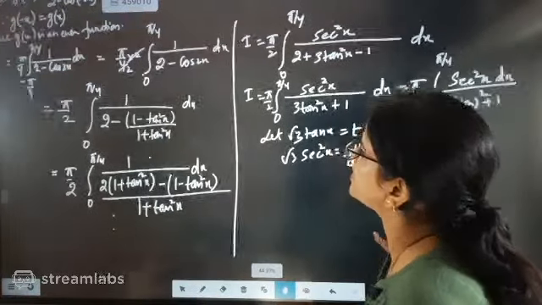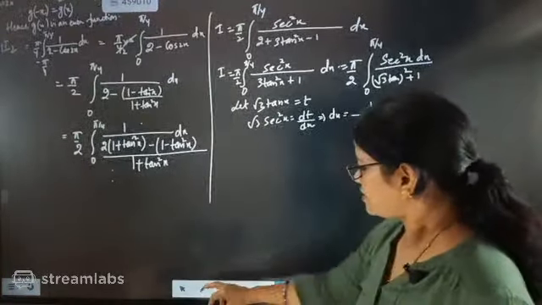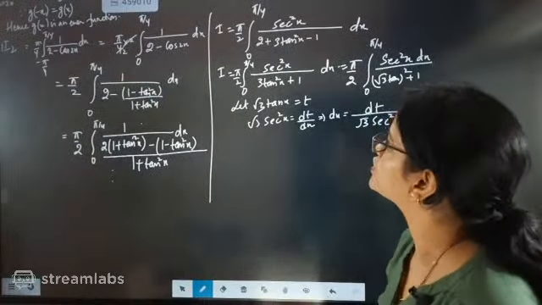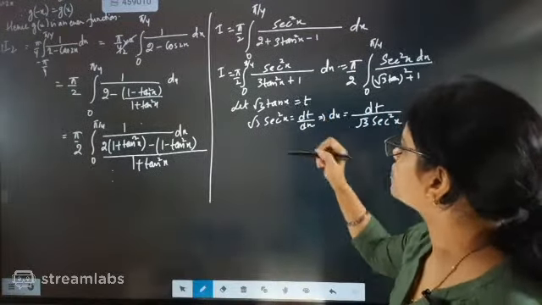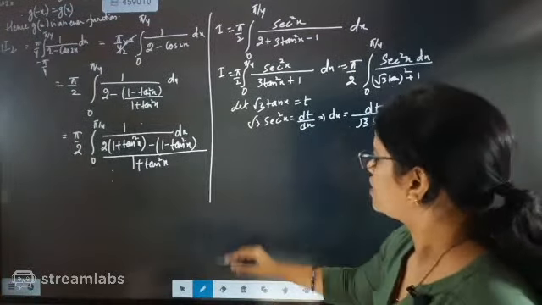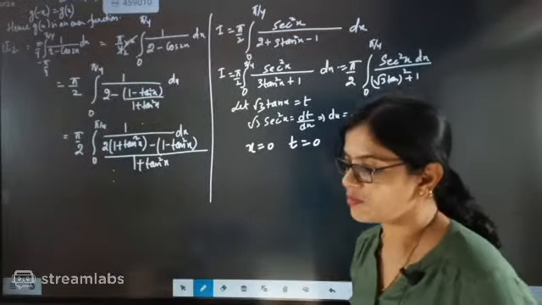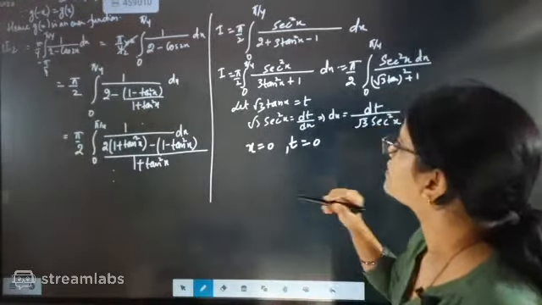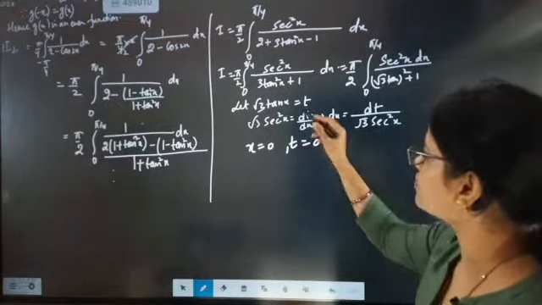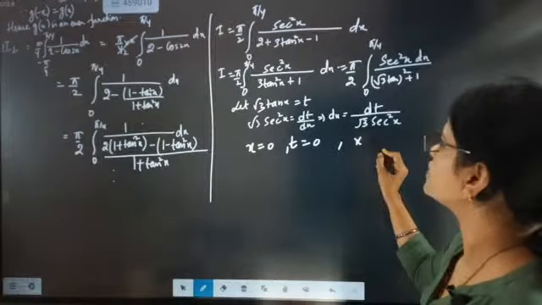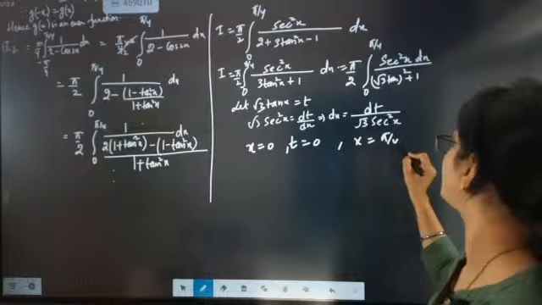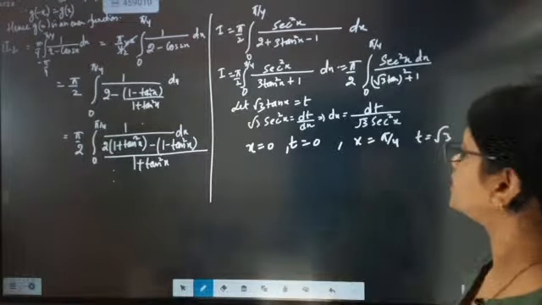Once I write like this, then I am going to change the intervals also. When x will be equal to 0, t will become equal to 0. Lower limit problem solved. Upper limit, when x will be equal to pi by 4, tan is 1, so t will be equal to root 3.